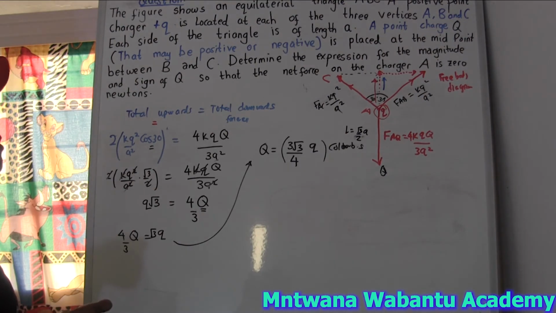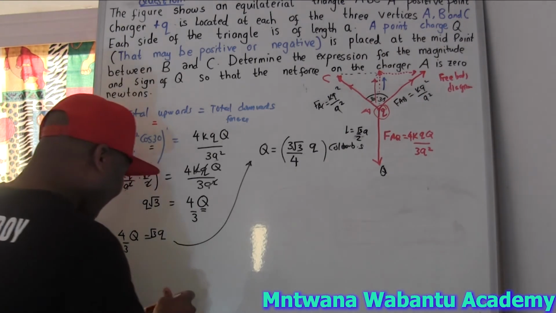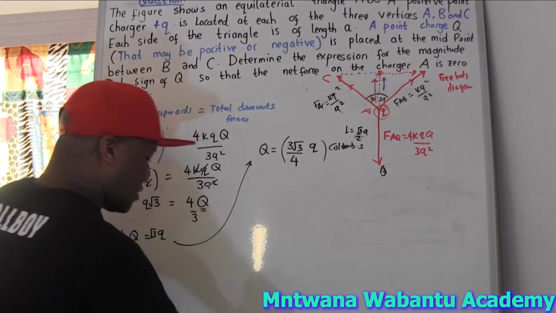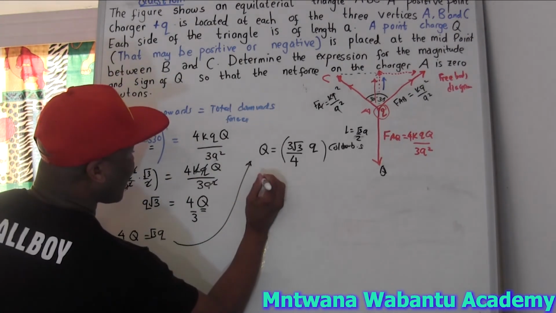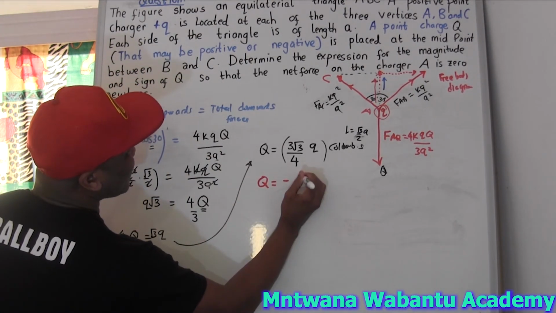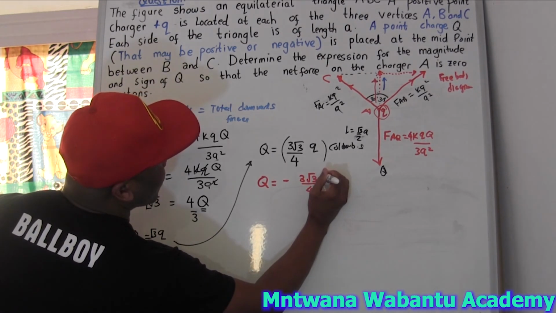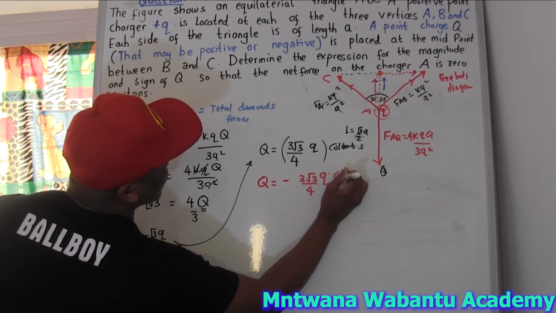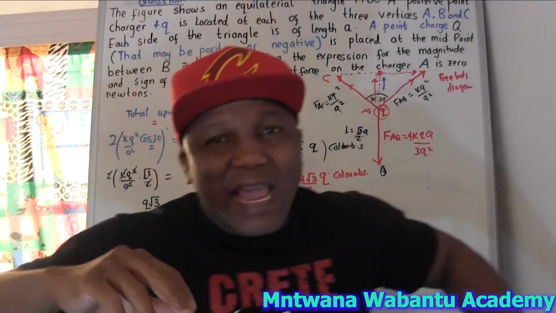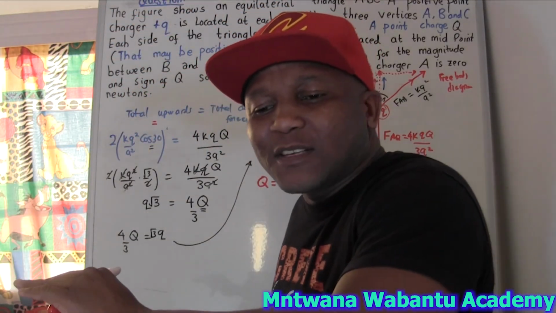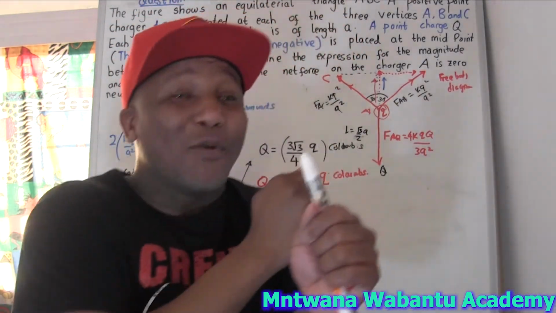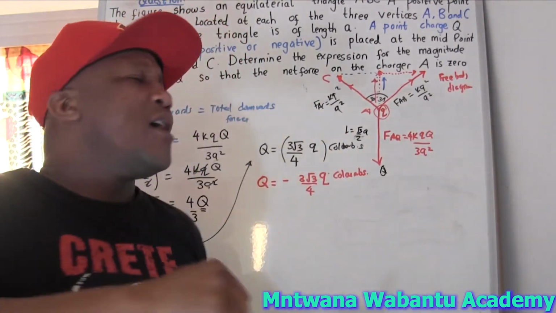But is this charge going to be positive or negative? It must be negative because it moves downward. So we're going to say our Q equals negative 3 square root of 3 over 4 coulombs. We're done.